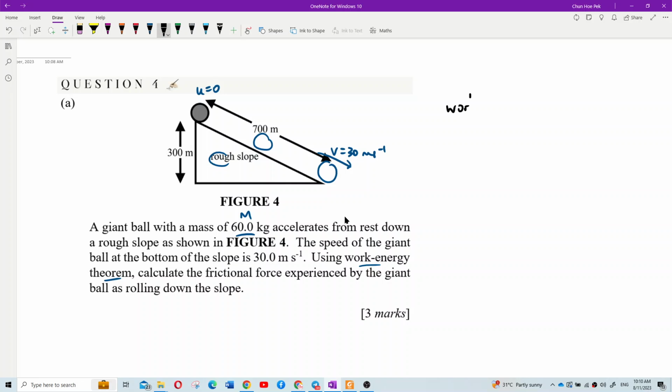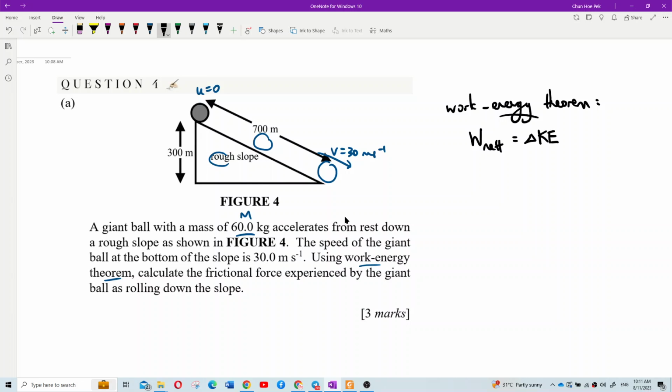Work energy theorem means the net work done equals the change of kinetic energy.